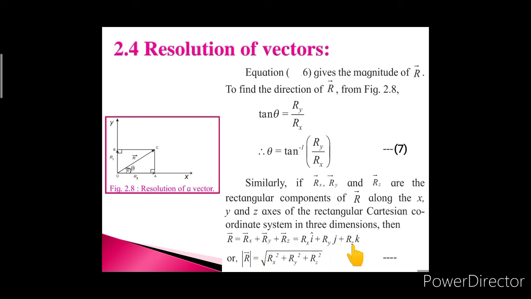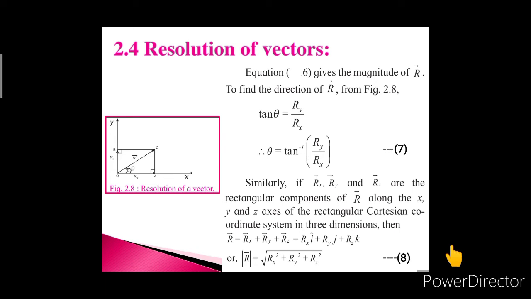Similarly, rz vector is to be written as rz into k cap, where rz is the magnitude of the vector rz and k cap is the direction along the z axis. So, vector r can be written as rx I cap plus ry j cap plus rz k cap, and hence the magnitude of the vector r can be written as square root of rx square plus ry square plus rz square, and give it equation number 8, where rx, ry and rz are the magnitude of the 3 components of the vector r.